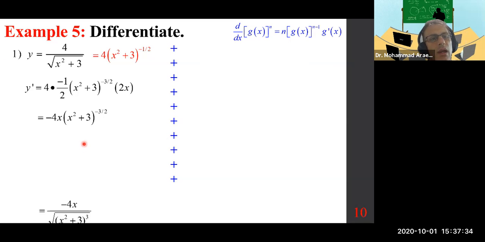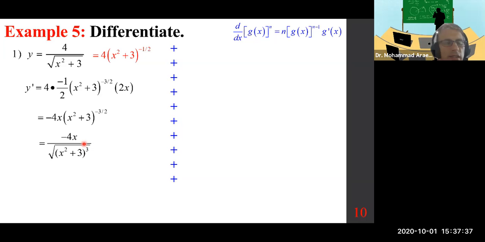Now, if you didn't write it in this fashion, for example, if you wrote this as minus 4x over x squared plus 3 to the power of 3/2, it's fine, but you're a calculus student, you should have no problem changing this to this format, okay?